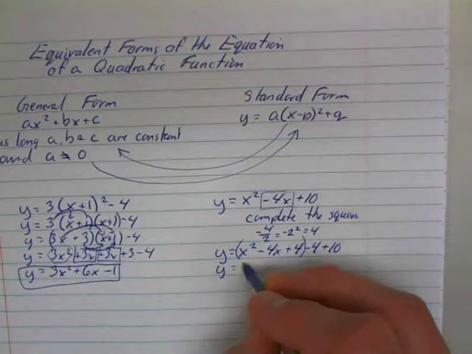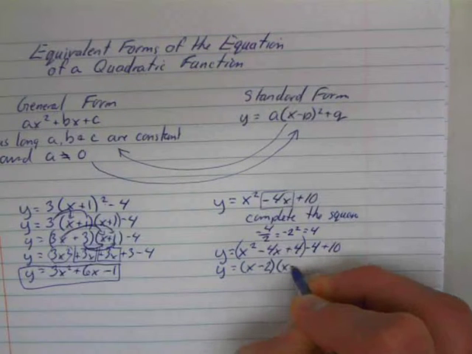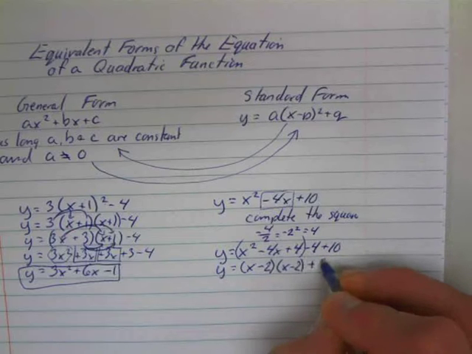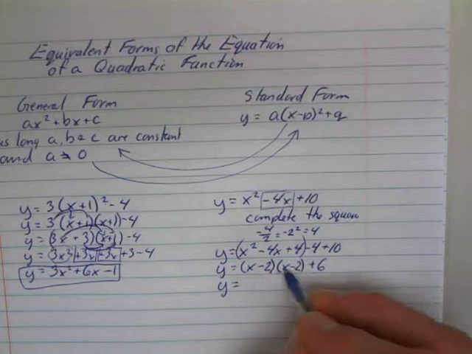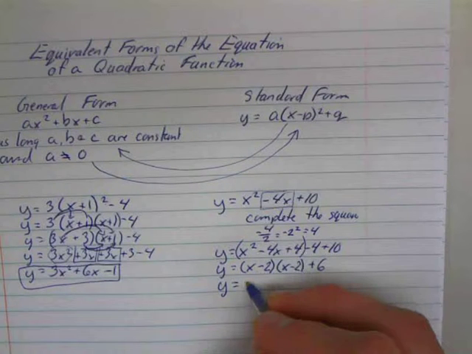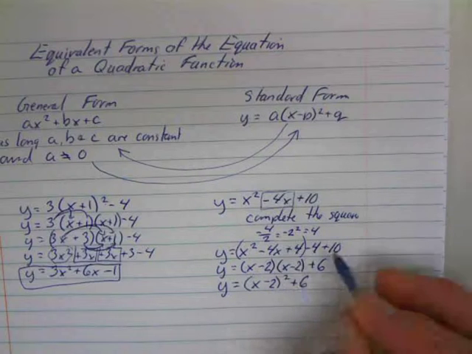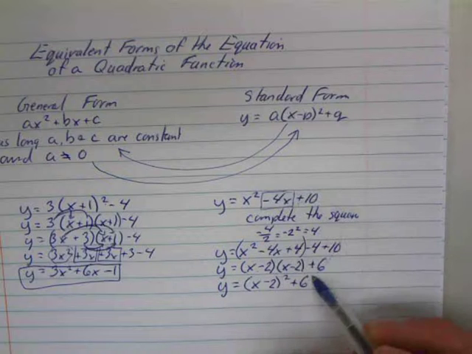So then I get x minus 2 times x minus 2, and then the negative 4 plus 10 becomes plus 6. Y is now equal, because x minus 2 and x minus 2 are the same, to x minus 2 squared plus 6. So there's going from a general form to a standard form.